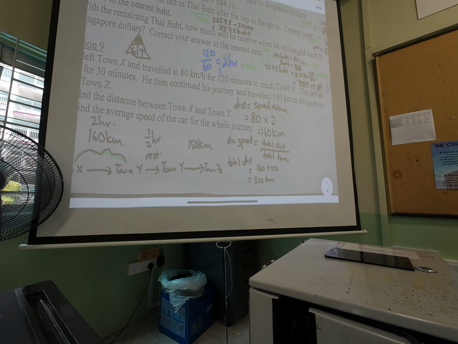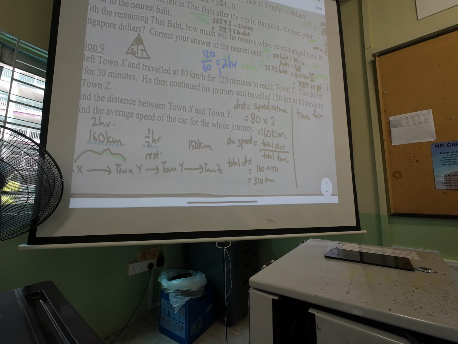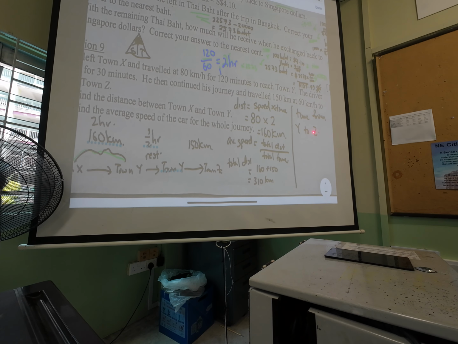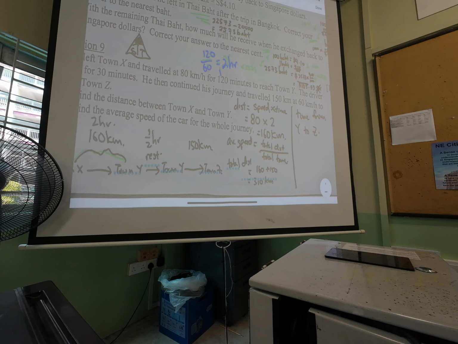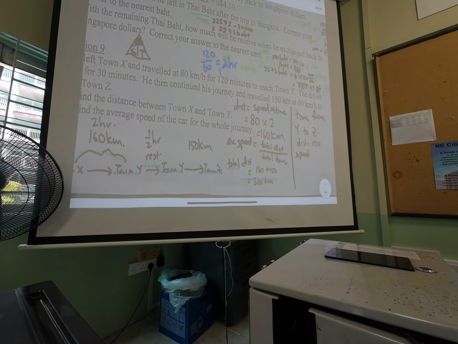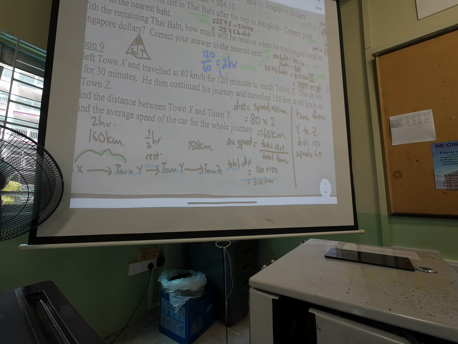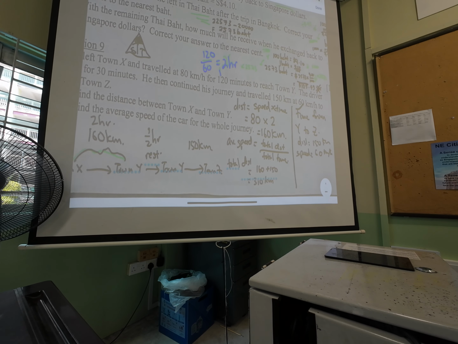I need to find the time taken from Y to Z. So between Y to Z, this distance and this speed. The distance was 150, the speed was 60 kilometers per hour. So I want to find time.